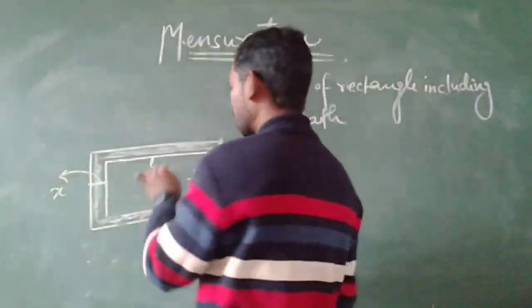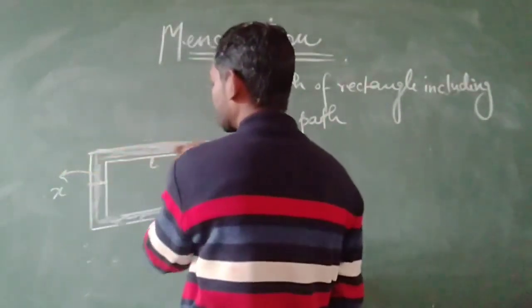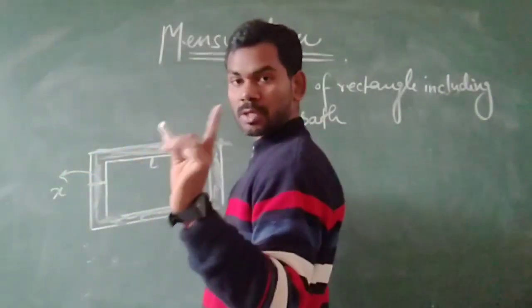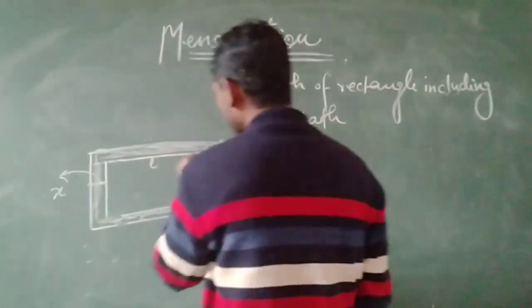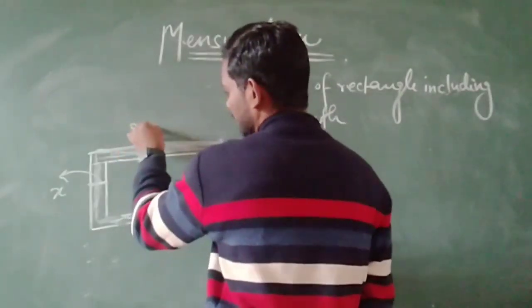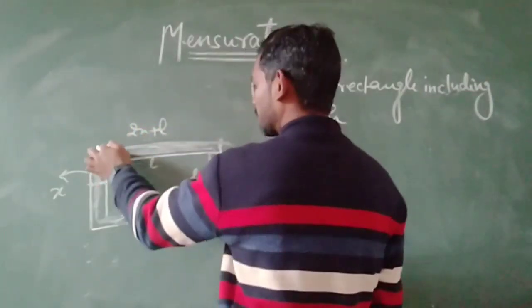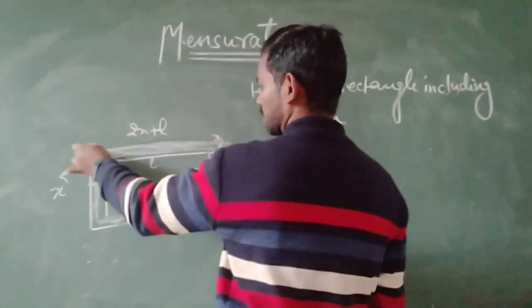If we find out the length of this rectangle, this is the length including the path, and it becomes x more on each side, that is, 2x plus L, because the length of this is L and this length is x and this is x.